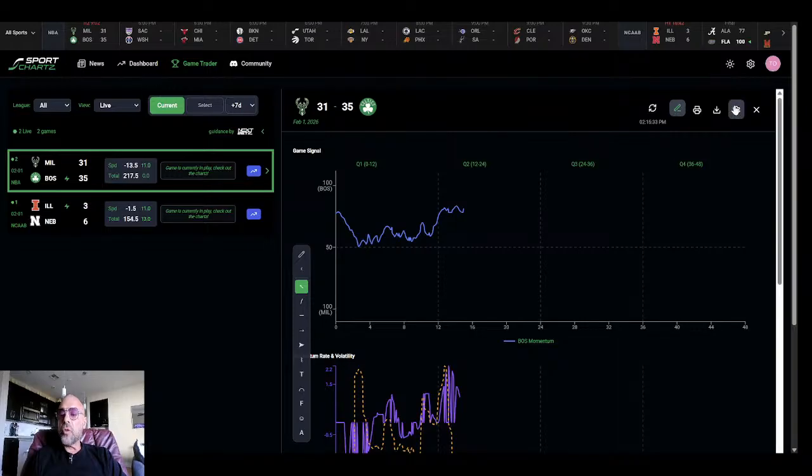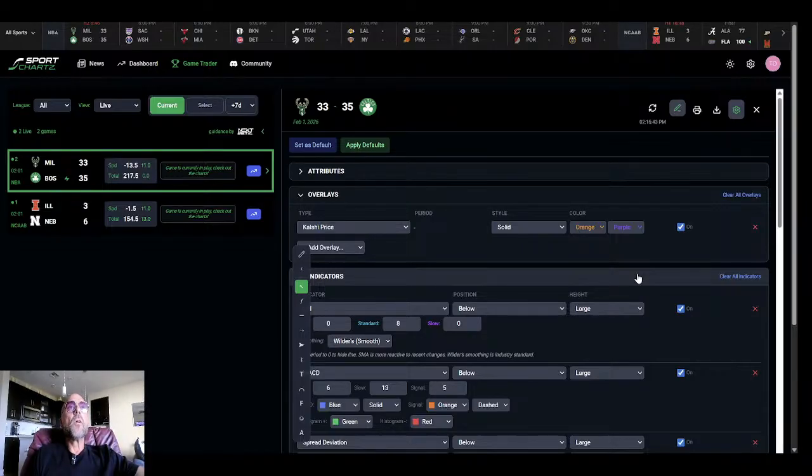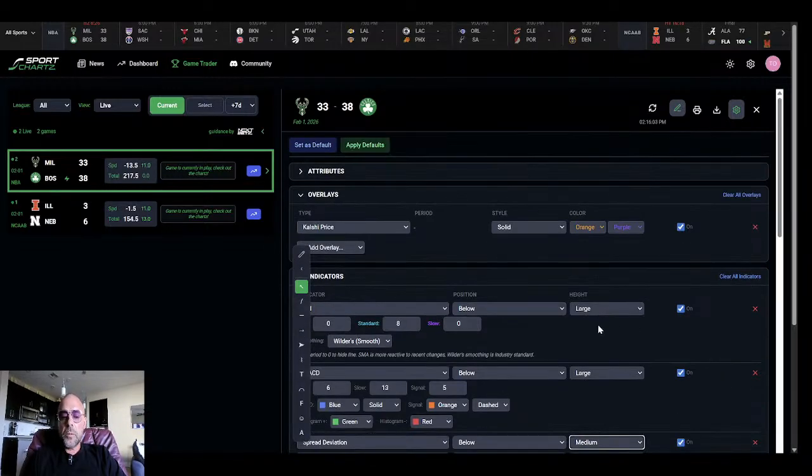But let's set up the chart the way I like it. We'll put Kelce on for people like that. It's a little too loud. There we go. And we'll let this Illinois game in Nebraska percolate a little bit. So what else do we like to do here? Like set that to medium, medium, above.